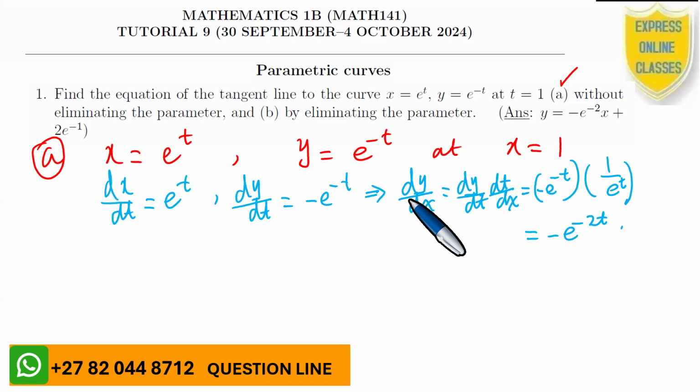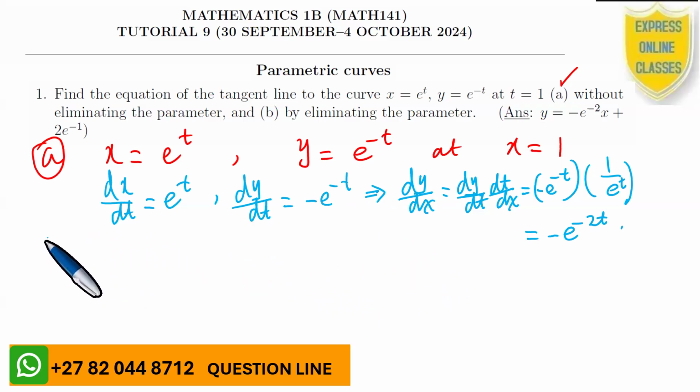We then have the following to do. When you have this here, then what is the slope?